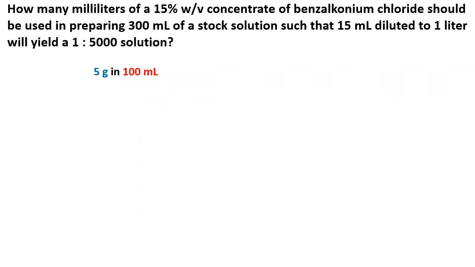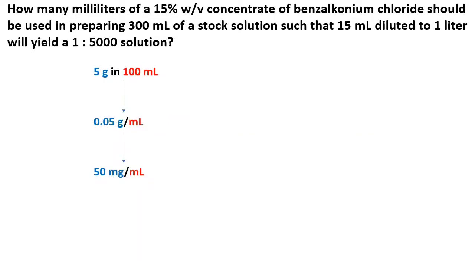So the concentration of this solution is 5 grams per 100 milliliters, or 0.05 grams per milliliter. To convert this into milligrams per milliliter, we multiply this number by 1000, so we get 50 milligrams per milliliter.